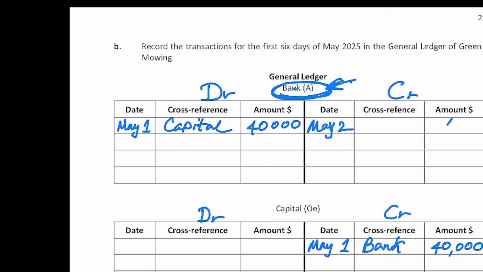How much is it? 500. What is the cross reference? Prepaid rent. Thank you. Good? Okay.